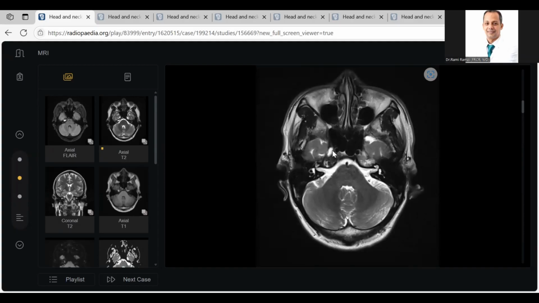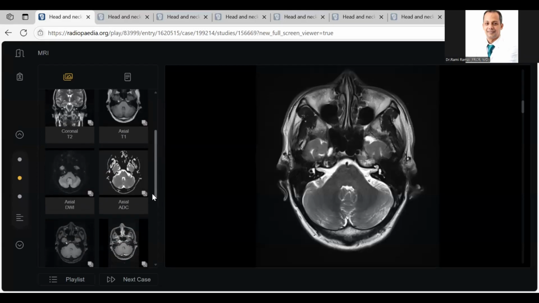What is this? I think this is the cavernous sinus, or this is the Meckel's cave itself. It is displaced anterior in comparison with here. Why? Because see here the ICA is also displaced anterior. So it is a petrous apex lesion.